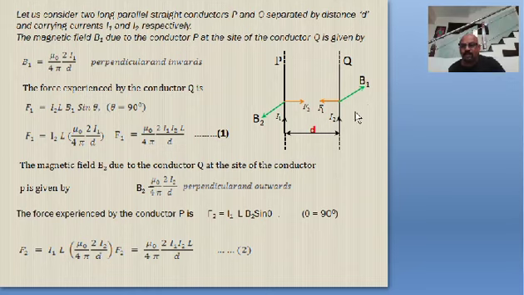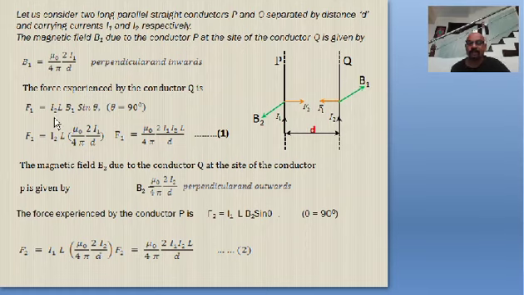Now the force experienced by the conductor Q is F1, and that F1 is equal to I2. Why I2? Because the conductor is carrying the current I2, into L, where L is the length of the conductor, into B1. Why B1? B1 is the magnetic field in which the conductor Q is present.